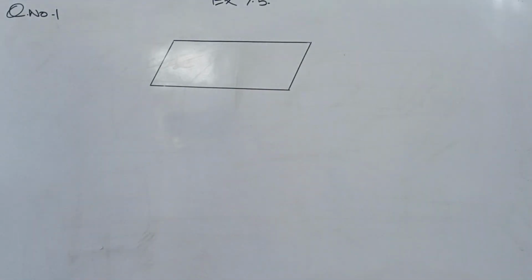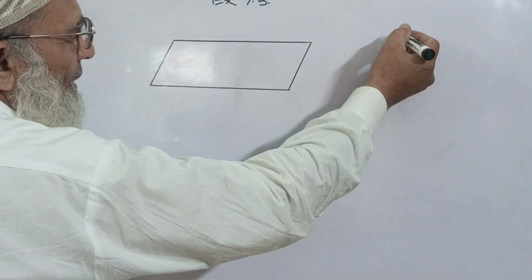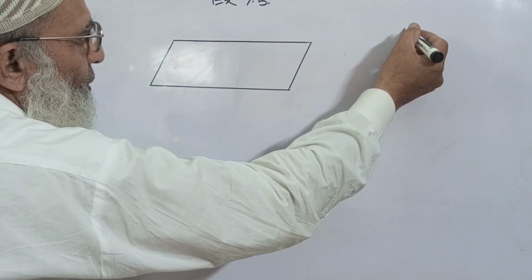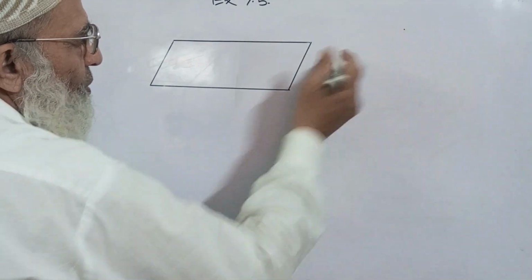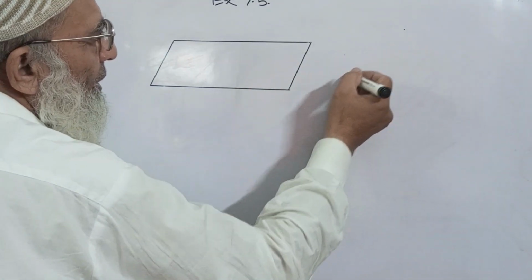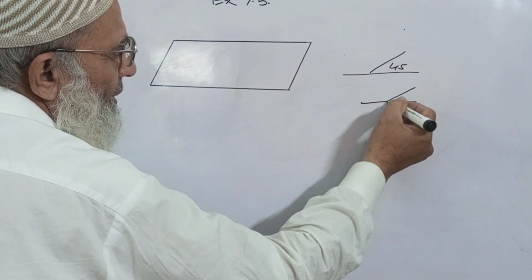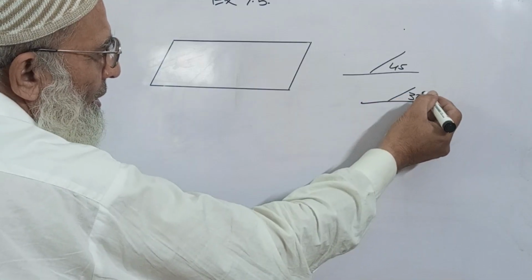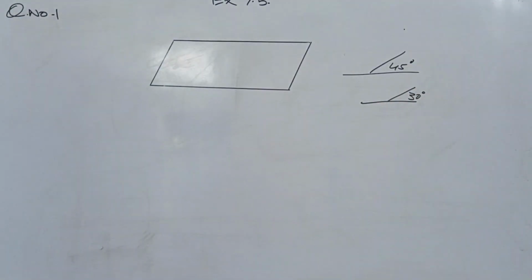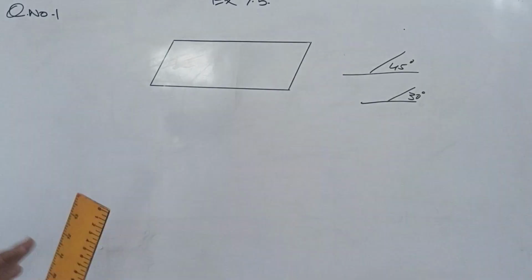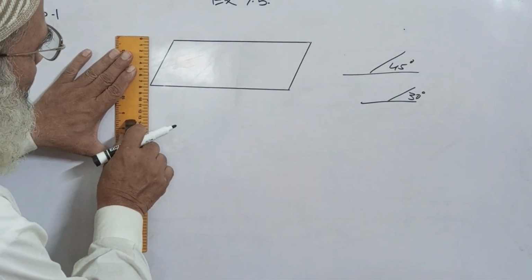It is not in your exercise. These are drawn with 2 angles. So this is 45 and the other is 30 degrees. So these are called isometric views. I have drawn it almost only at 45 degrees, but even then it is rough.